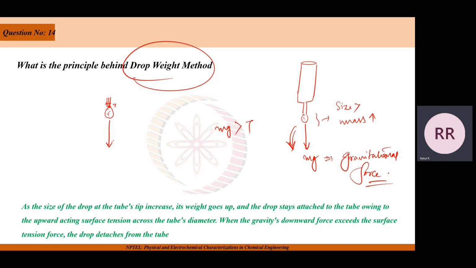When this downward pull, mg, becomes greater than the surface tension force, the drop breaks off from the tube and falls down. So this is the basic principle behind the drop weight method. I hope you guys understood this one.